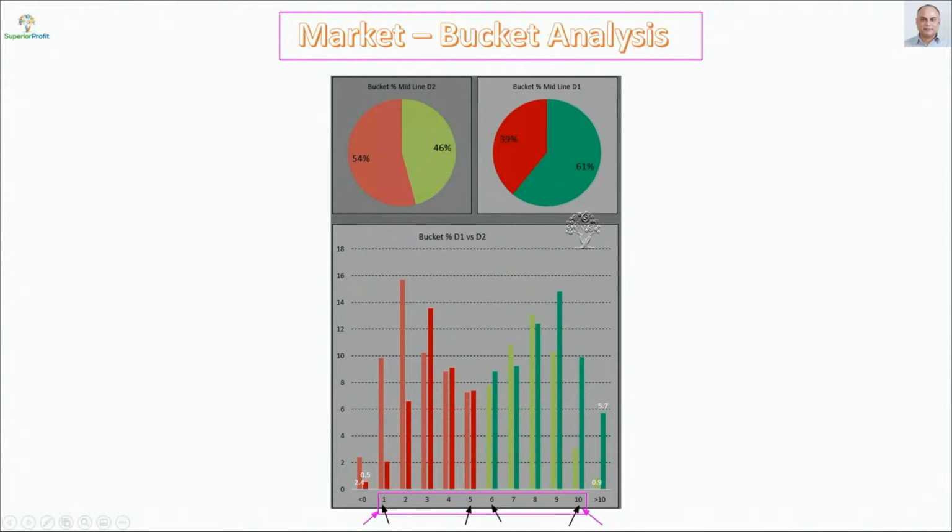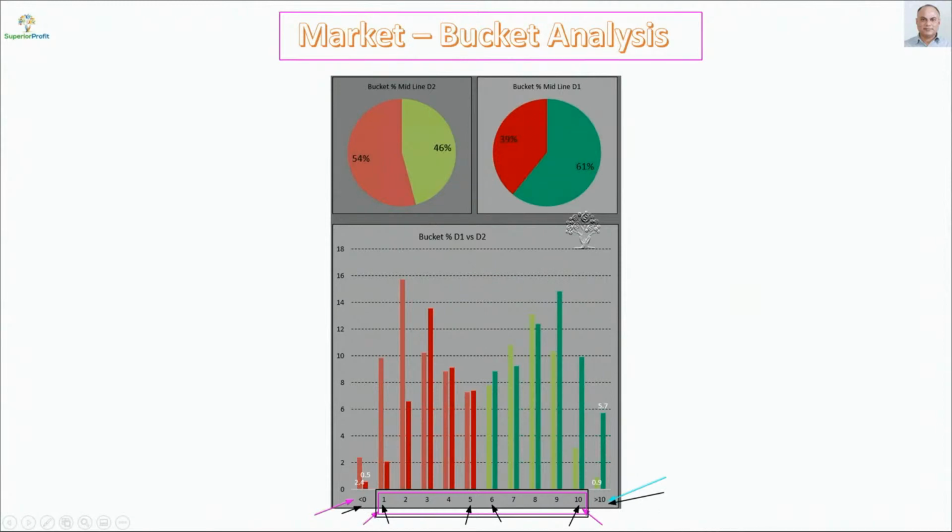If the stock happens to be outside the normal range, then you drop them in the greater than 10 bucket, and if something is below the normal range, you drop it in the less than 0 bucket. So we have 12 buckets. 10 are equidistant buckets, 1 to 10, and then we have 2 outlier buckets, greater than 10 and less than 0.